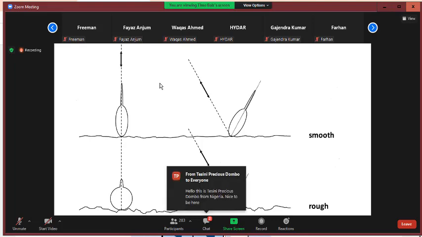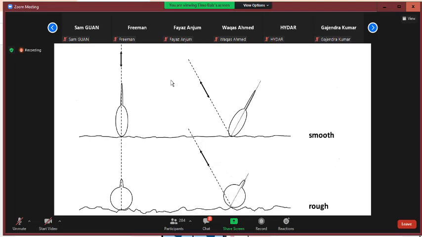However, if you have a perfectly rough surface, the energy will be reflected with similar strength in all directions. So that is then called diffuse scattering.